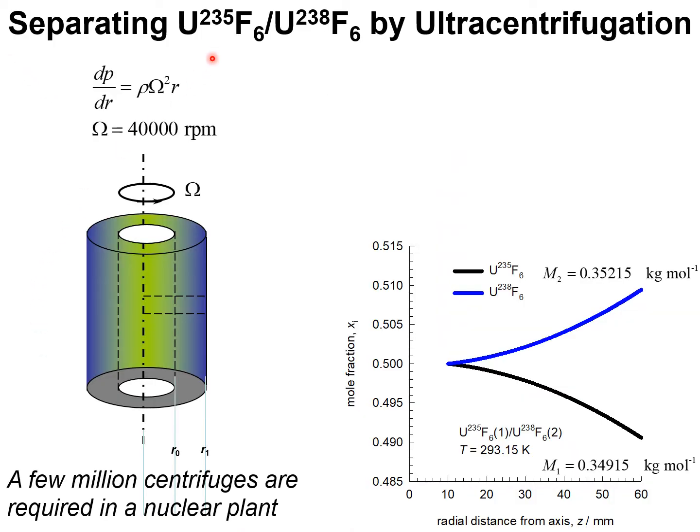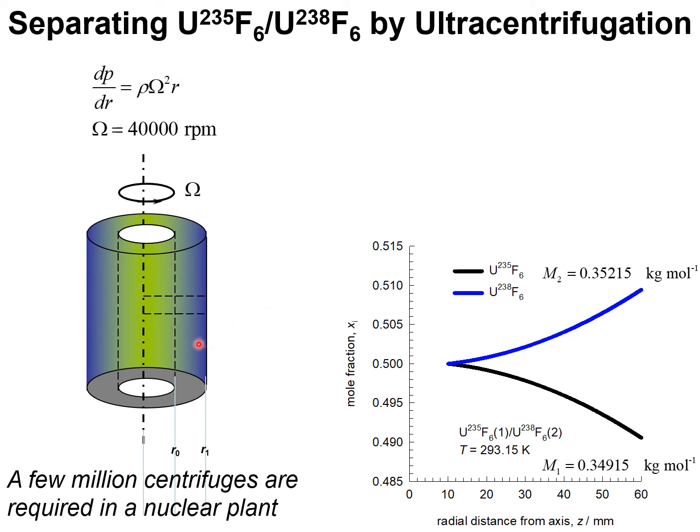The separation of the isotopes of uranium, U-235 and U-238, by applying centrifugal force is another example of the exploitation of uphill diffusion. In practice, rotational speeds of 40,000 RPM are applied to create a pressure gradient that is described by this equation.